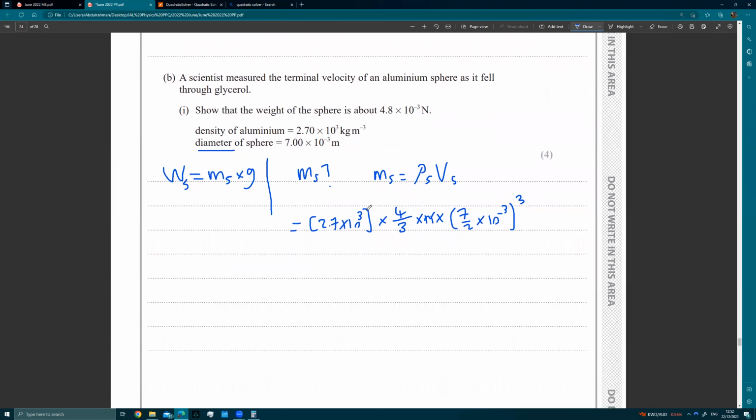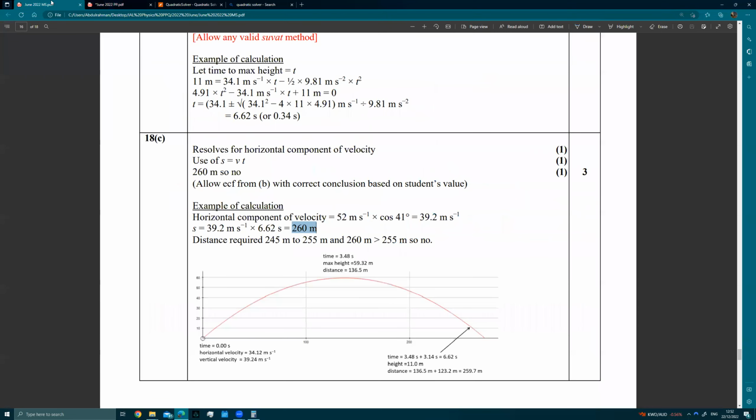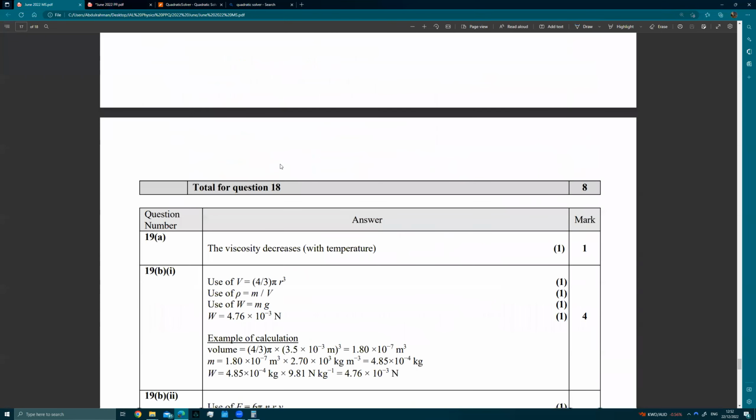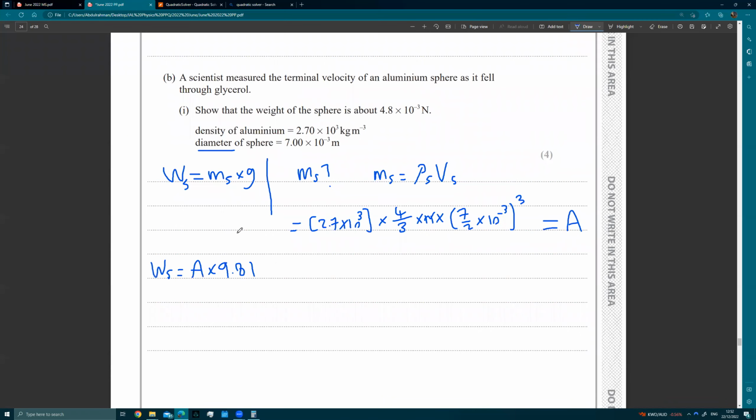That gives you the mass. Let's say this gives us the answer A. Then the weight of the sphere is equal to the mass, A, multiplied by 9.81. If you did that correctly, you would have got 4.76 times 10 to the minus 3.